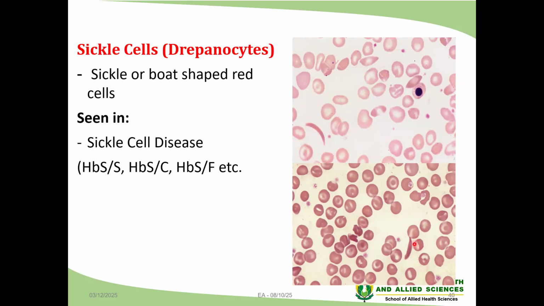This is also a classical sickle cell. And then within the blood film, we see other abnormal cells. You can see some target cells. You can see a nucleated red cell and so on and so forth. So these cells, we only find in one condition, and that is sickle cell disease.